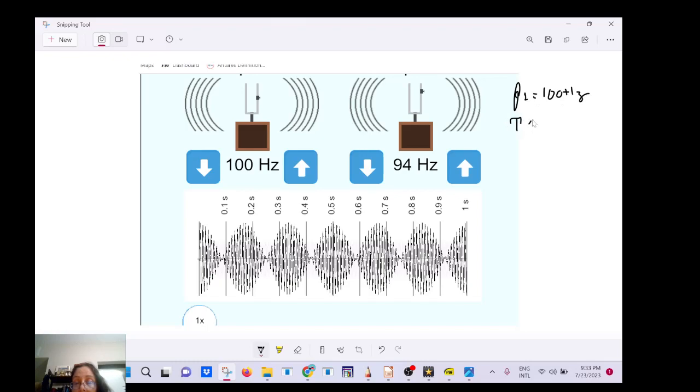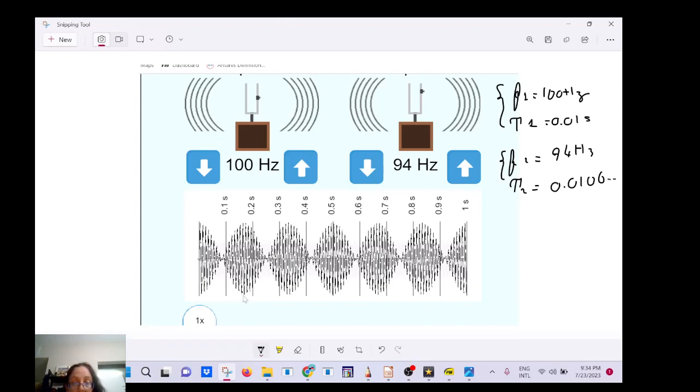So the period is 0.01 seconds. The frequency for this one is 94 Hertz. So the period for that one is the reciprocal of 94, which is very close to 0.0106. Now, the waveform that you get here, you see the period?